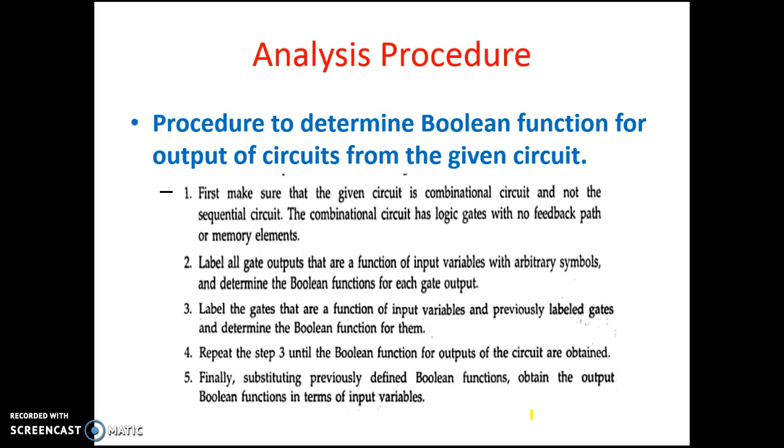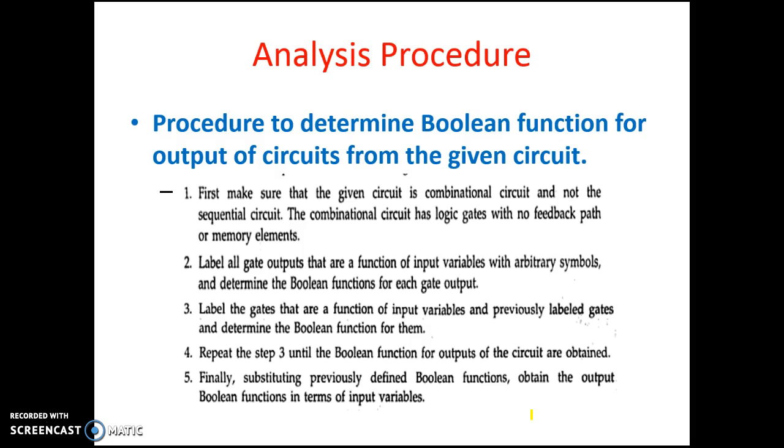A combinational circuit has logic gates with no feedback path or memory element. As we are saying, a combinational circuit doesn't require storage. So we can easily identify that the given circuit is a combinational one if we don't find any storage.